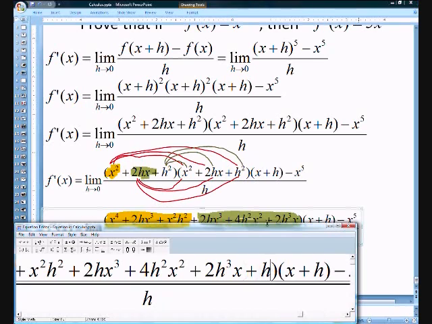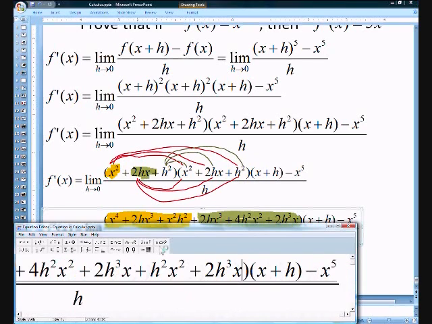Which is going to be h squared times x squared, h squared. Okay, so now it's going to be 2h cubed x, 2h cubed x, so 2h cubed x, plus, and finally we get up to h to the fourth power, h to the fourth power.